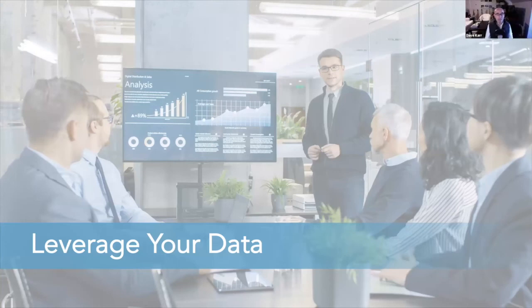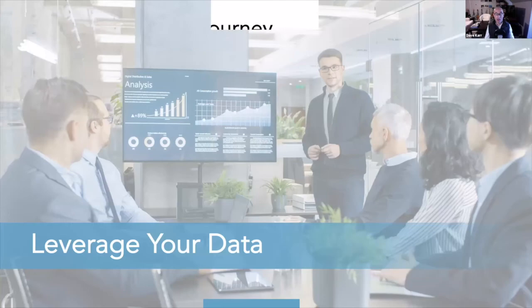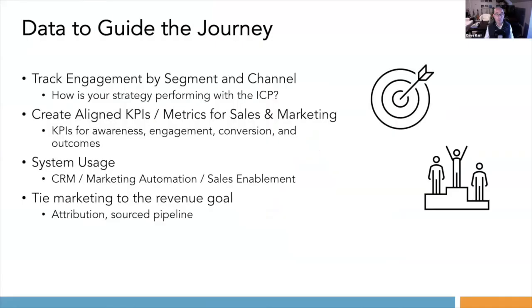Sounds good. So the next big piece of the puzzle is going to be leveraging your data. As with any process, making sure that you've got the proper systems and measurement in place to understand what your data is and how your funnel is performing is going to be important. So the first thing I would talk about is always tracking your engagement by your segment and by your channel.